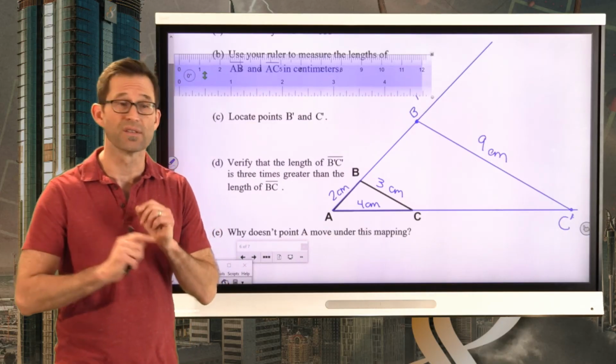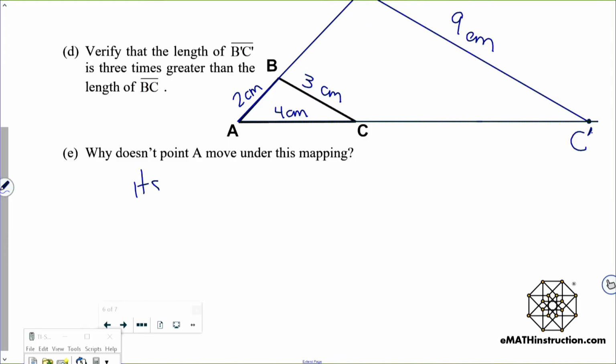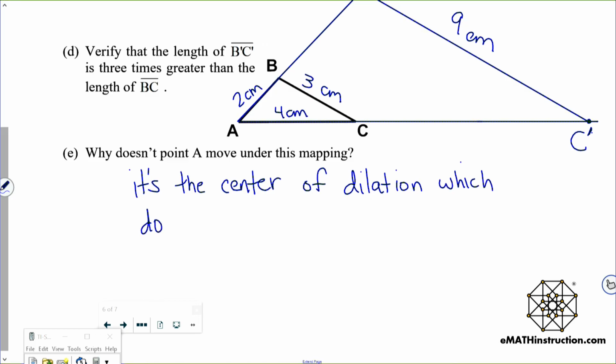Well, it's because it's the center of dilation, which doesn't move.